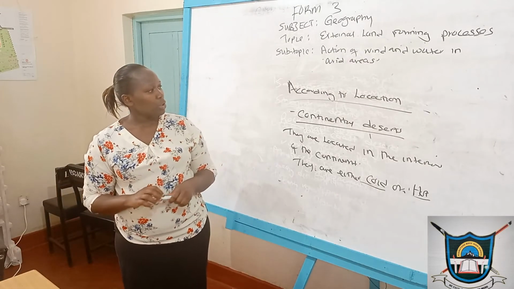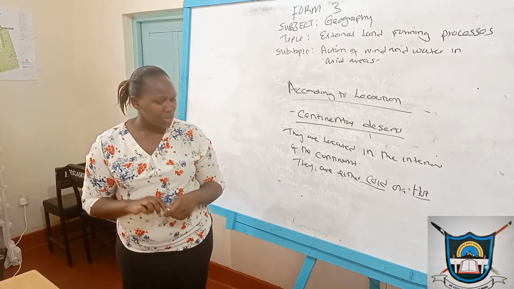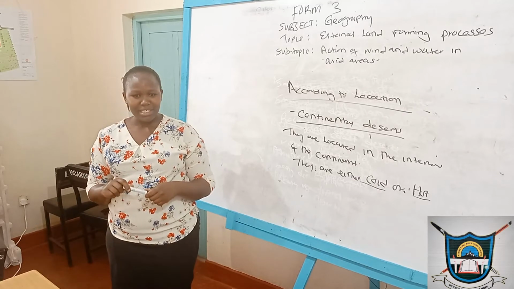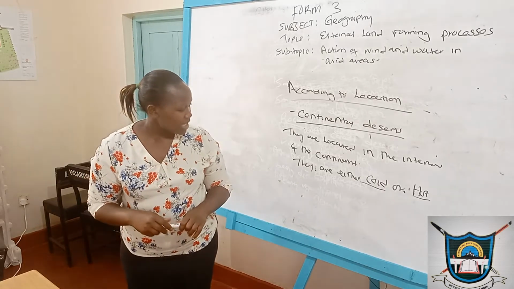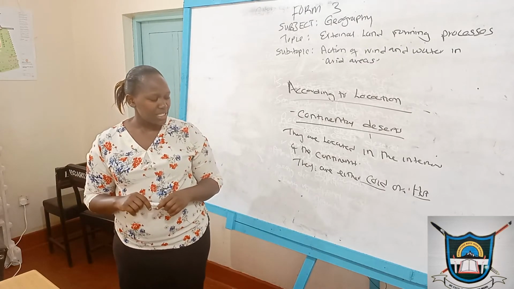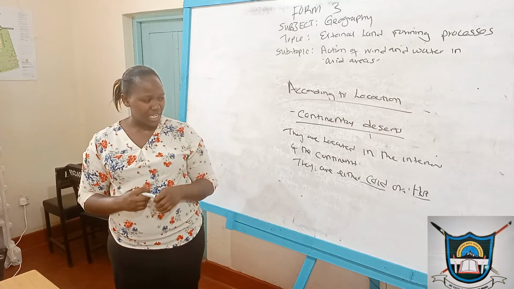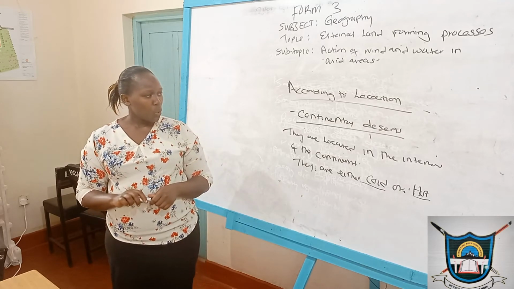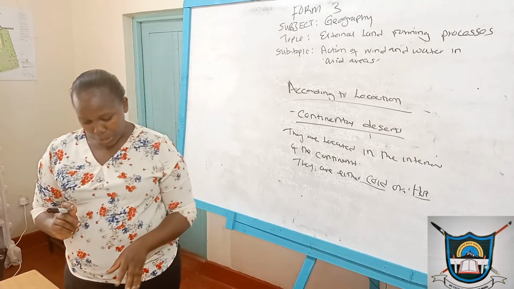So we are going to stop there for today. But before we stop, I'm going to give you an assignment that before we meet in our next lesson, you ensure that you have given me 3 examples of hot desert, and 3 examples of cold deserts.